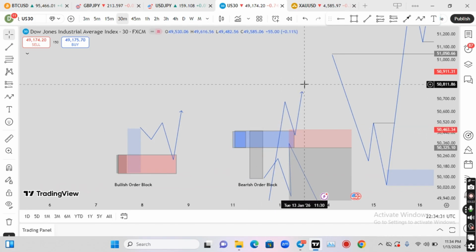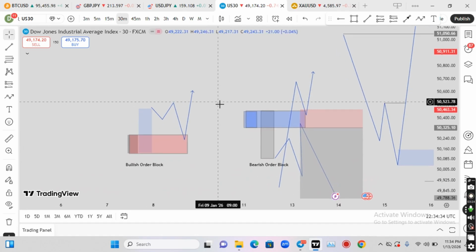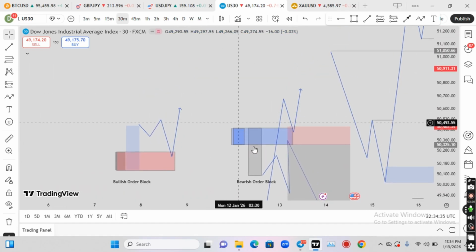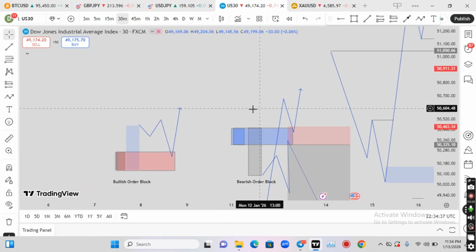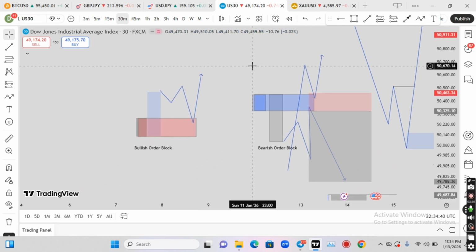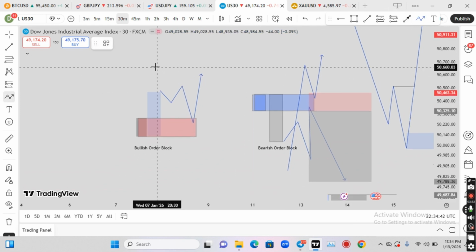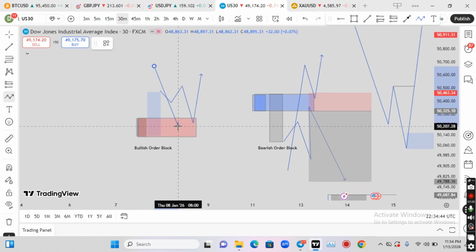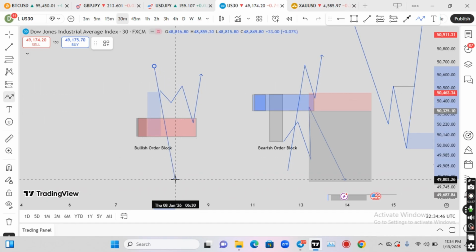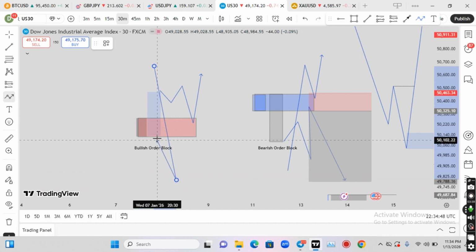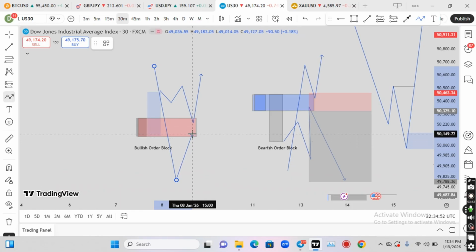Then it moves. The same thing vice versa here. That means it's changing from sell to a buy. We're expecting the trade to come here and react off this order block and then move. But once it breaks it, this zone is no longer bullish, it has changed direction and the trade will be bearish.